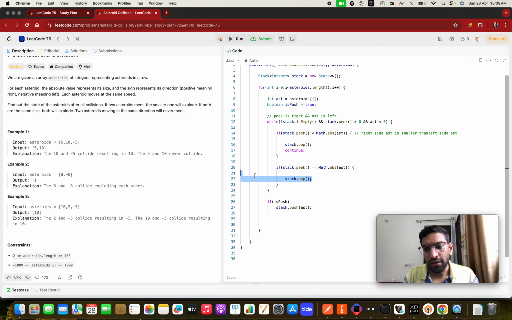But we have added one flag also to say whether we need to push the current asteroid to stack or not. So if our asteroid explodes, we can say do not push it to the stack, and break it.